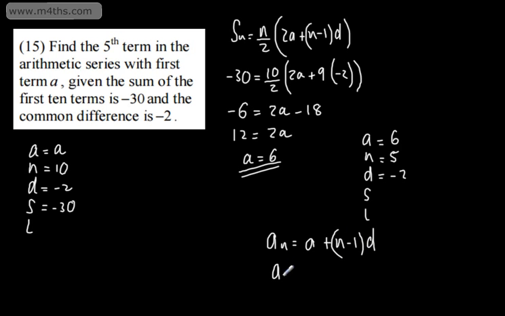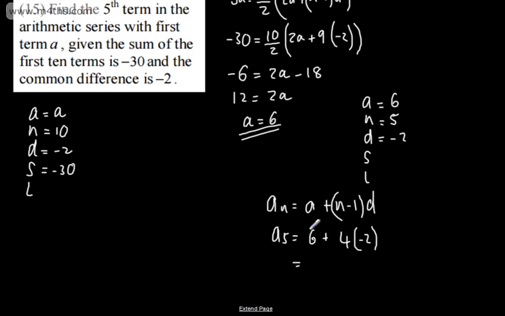So a5 is equal to 6 plus 4 lots of negative 2. 4 lots of negative 2 is negative 8, plus the 6 gives me negative 2. So the fifth term of the series is negative 2.